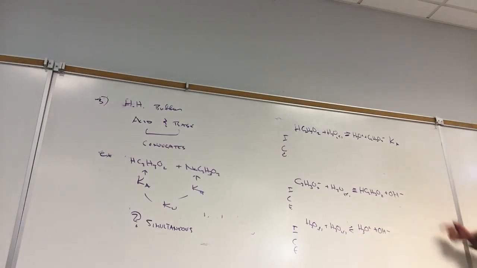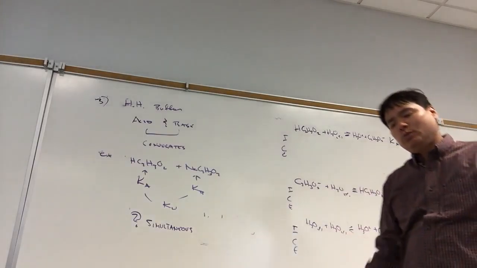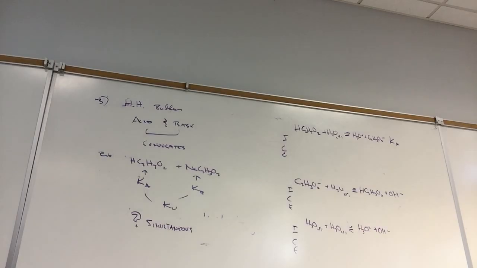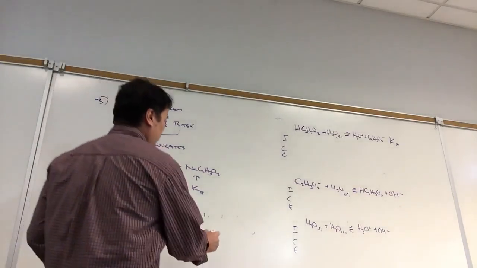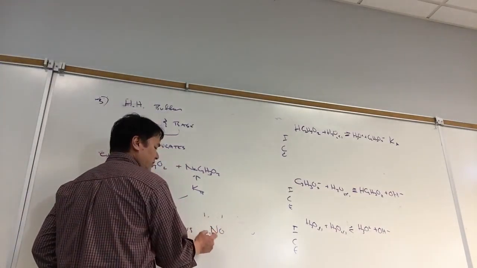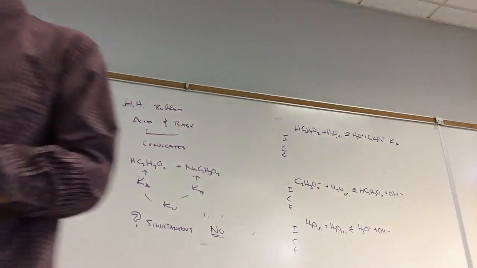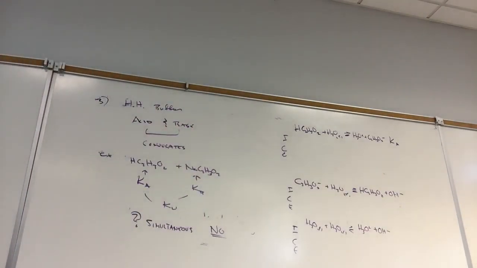And so basically in number 1 and number 2, I have to solve those simultaneously, all 3: Ka, Kb, and Kw. But for this one, I don't. Why? The question is, do I need to solve it simultaneously? The answer is no. Why don't I have to solve this one simultaneously?